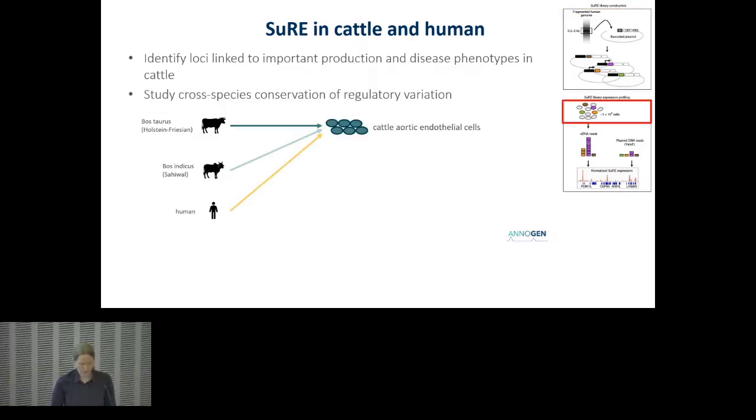These libraries were transfected together into primary aortic endothelial cells from cattle, and also into the same cell type from humans, to see if there are any variants that have different effects depending on the context.